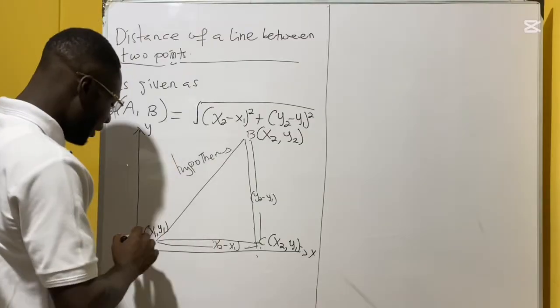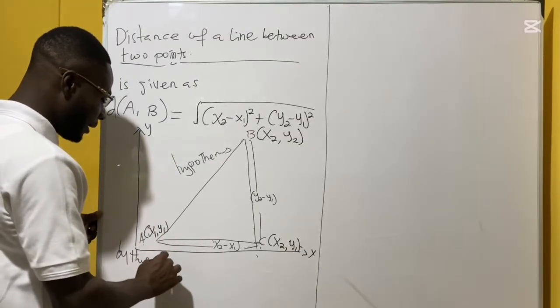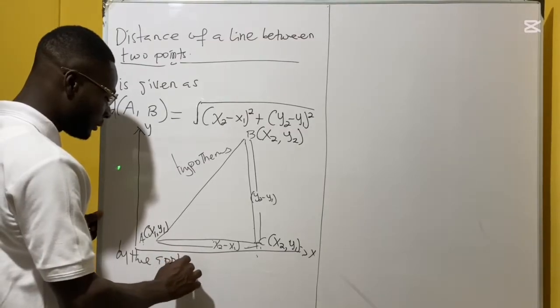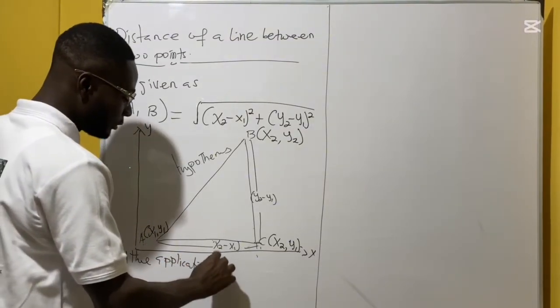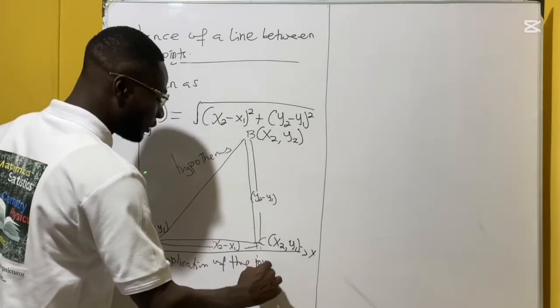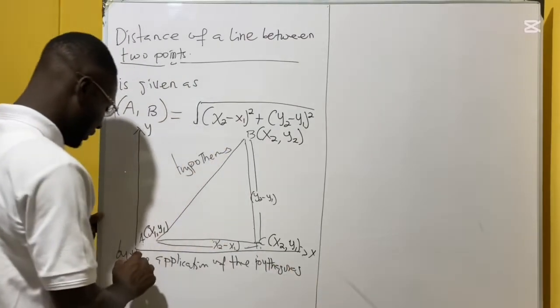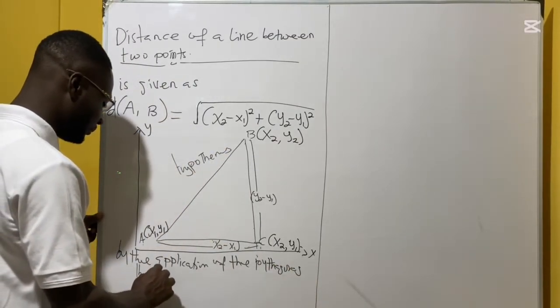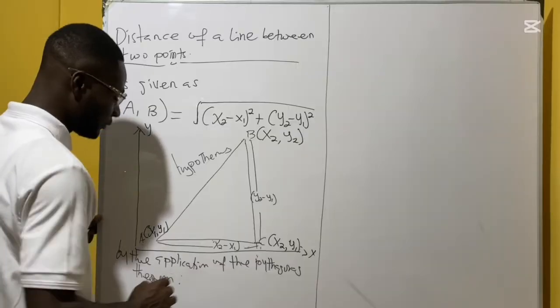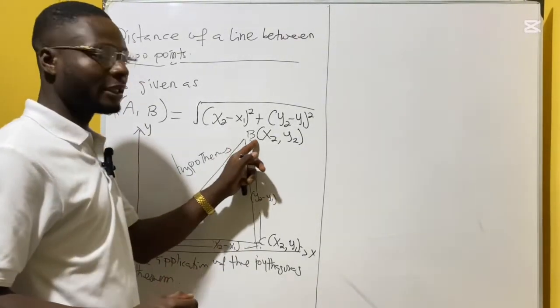So by the application of the Pythagoras theorem, we can find the distance of line AB.